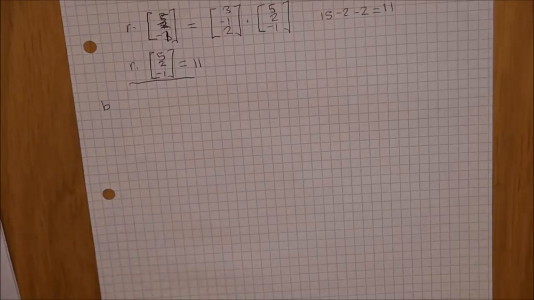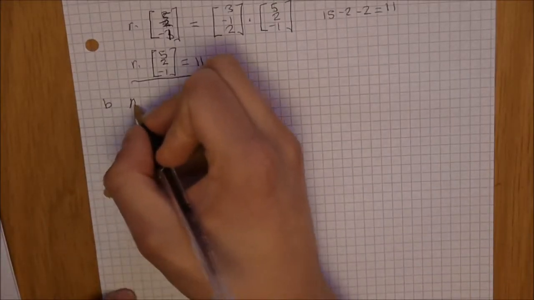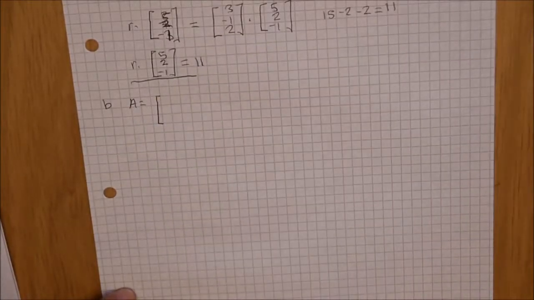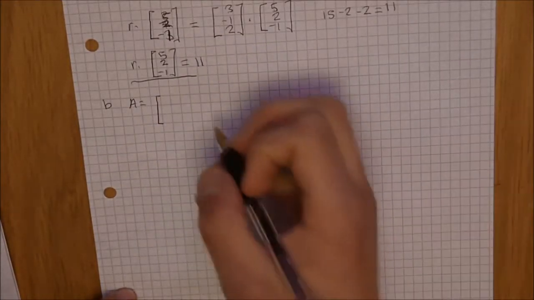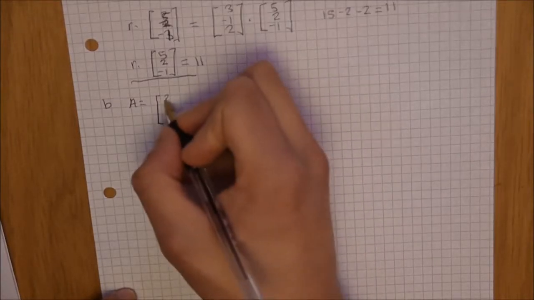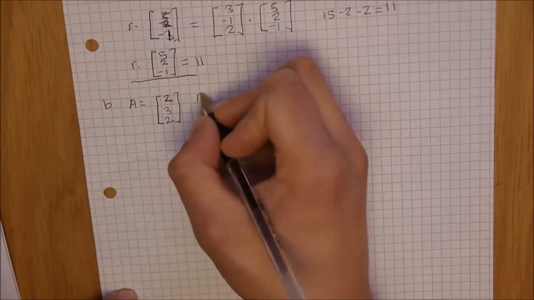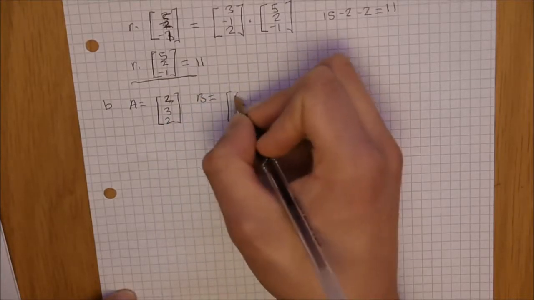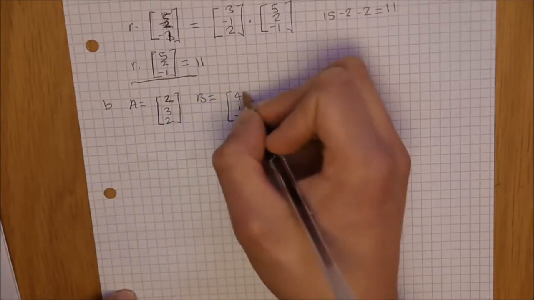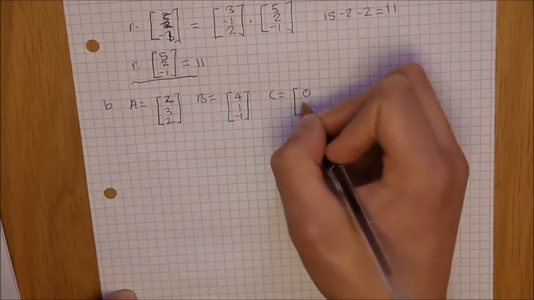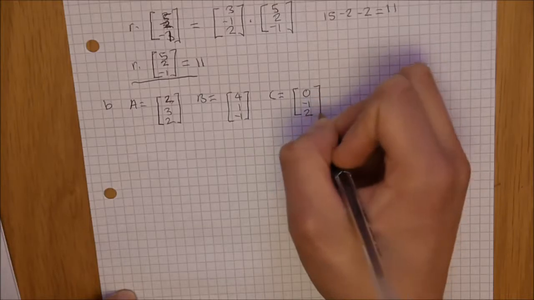Now then, the first thing we should do is write down all the points and actually assign a letter to each point. So A in this case can be (2, 3, 2), B can be (4, 1, minus 1), and C can be (0, minus 1, 2).